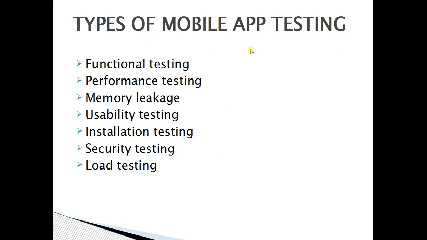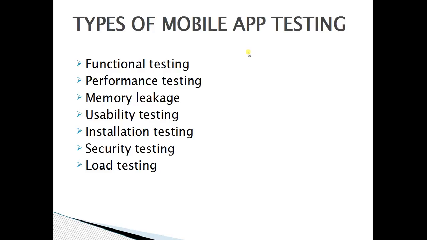Now we have different types of mobile app testing that we perform as mobile testers. The first one is functional testing. This is a very important testing because it ensures that the application works as per the requirements, whatever the requirements are. The second one is performance testing.